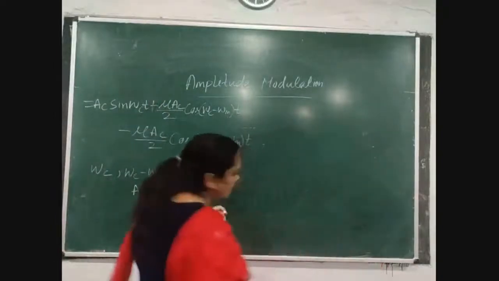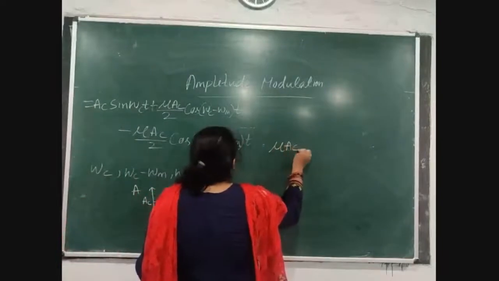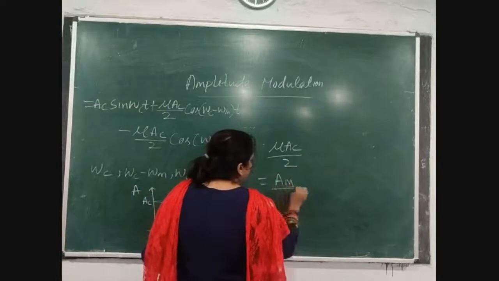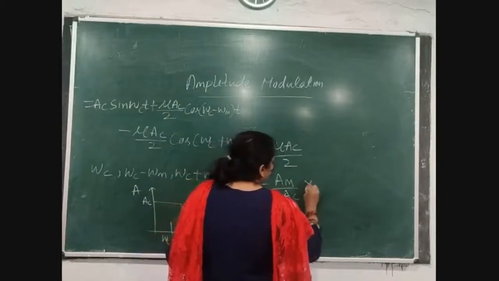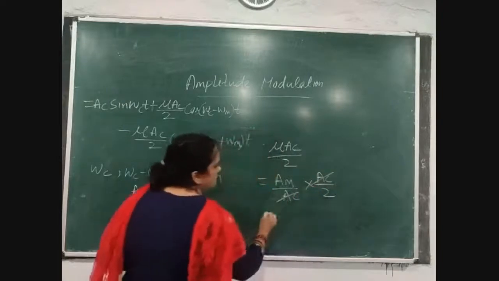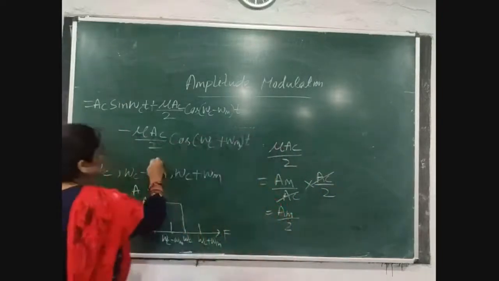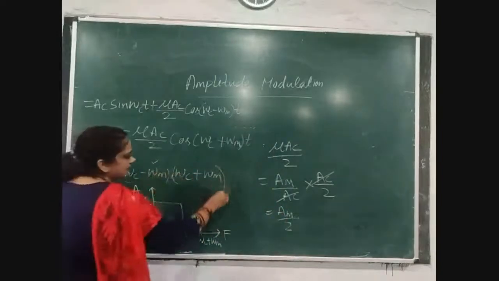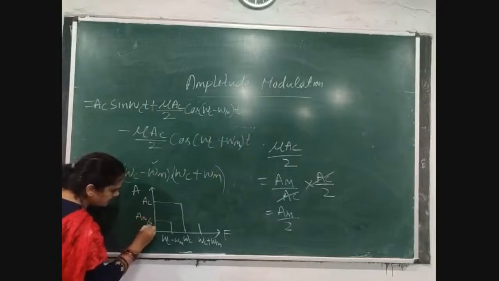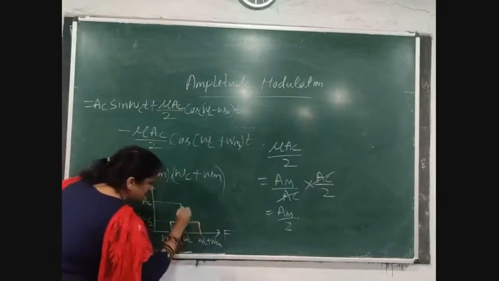See here, mu AC by 2, as mu is Am by AC, into AC by 2, so Am by 2. So the amplitude of these 2 terms is Am by 2. So this is the frequency response.